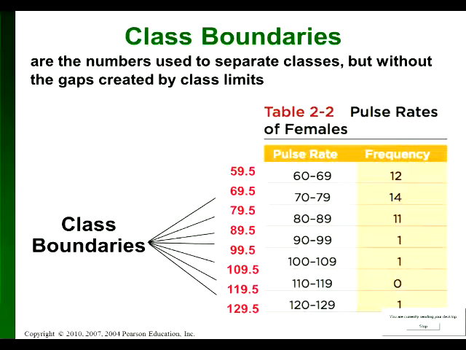This frequency distribution has 7 classes. It has 8 boundaries because you have to have a left fence post and a right fence post in addition to the 6 fence posts between classes. So anytime you're listing the class boundaries, you're going to have one more class boundary than you have classes because of that left and right fence post.